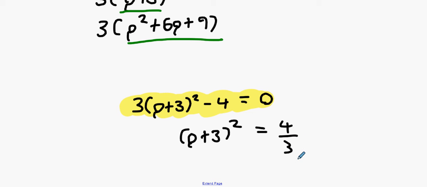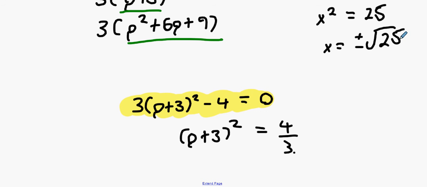Right? What do we do next? Square root both sides. Now, what you guys don't remember about square roots is that if I have x squared equals 25, the actual answer is x equals plus or minus root 25. What do we mean by that? One answer will be plus 5 and your answer will be minus 5.